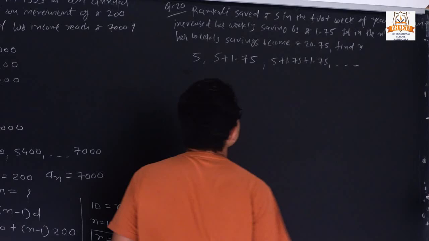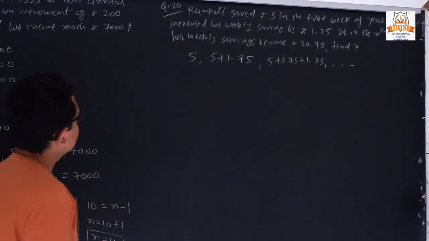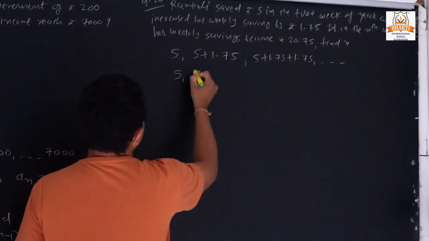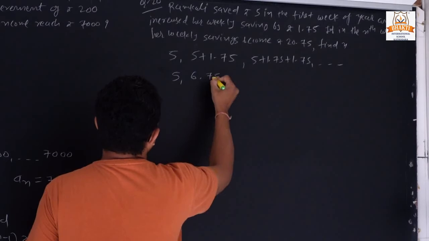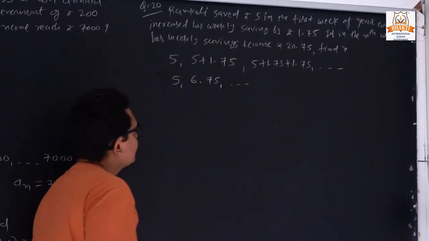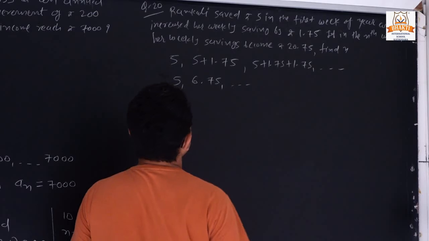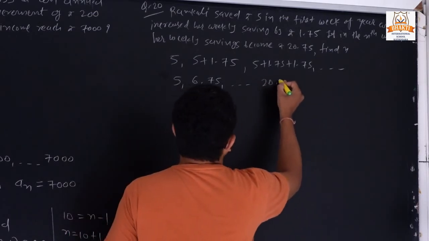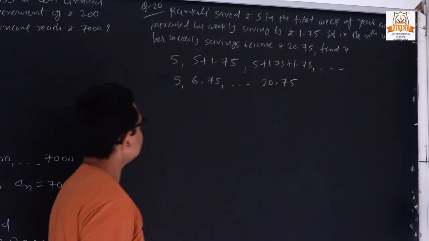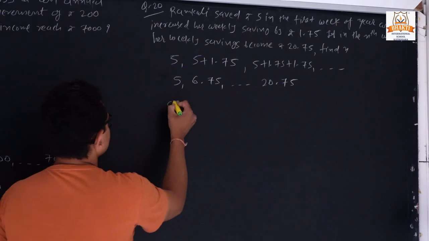So our series is like that. The first term is 5, then 6.75. So in which week did her saving become 20.75 rupees? So the first term is 5 rupees.